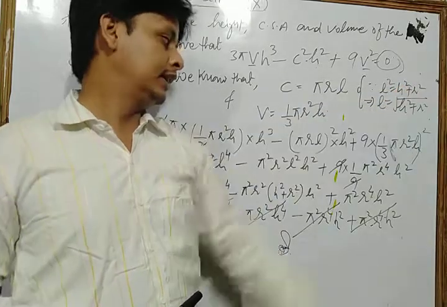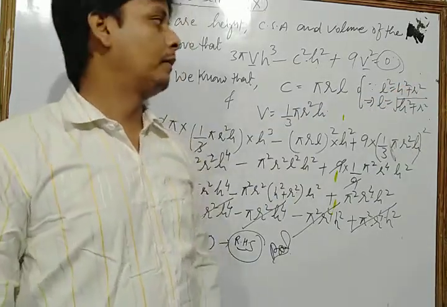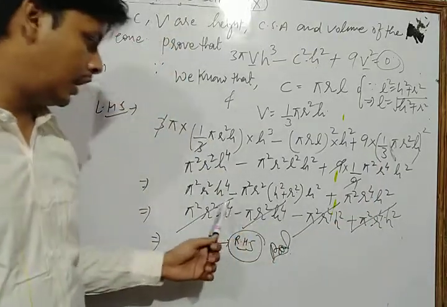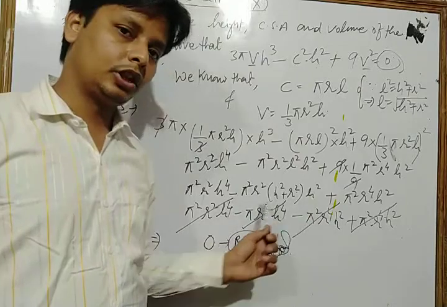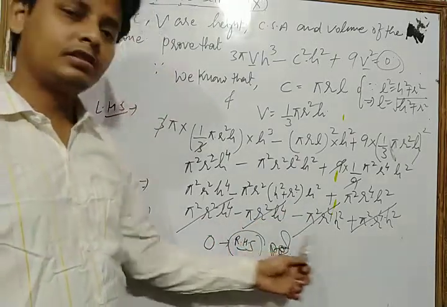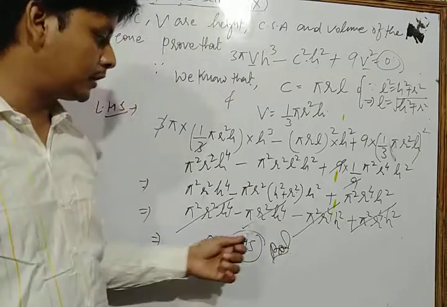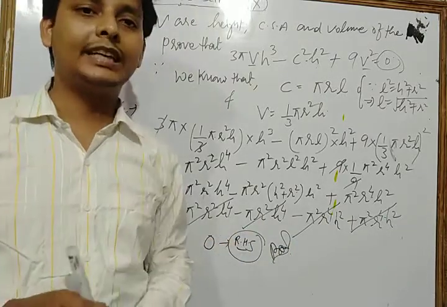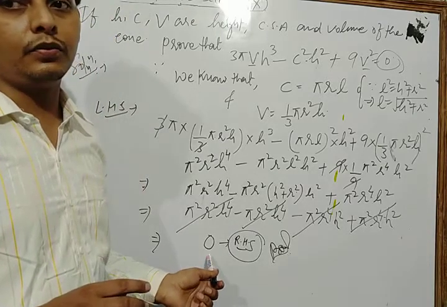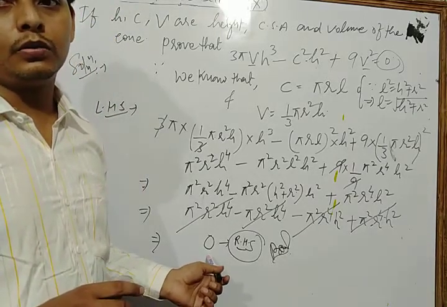Now after multiplying we get this, and in this way each part cancels the other and we get 0 as a result, which is proved.